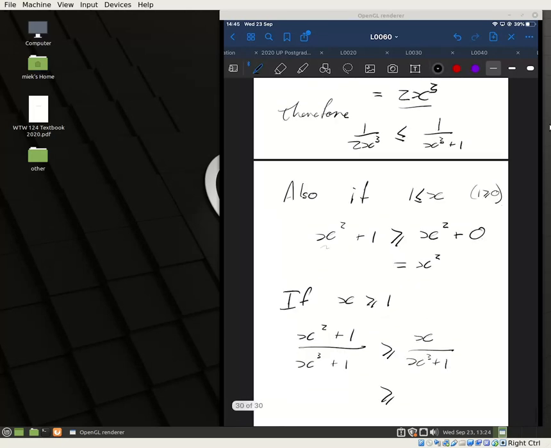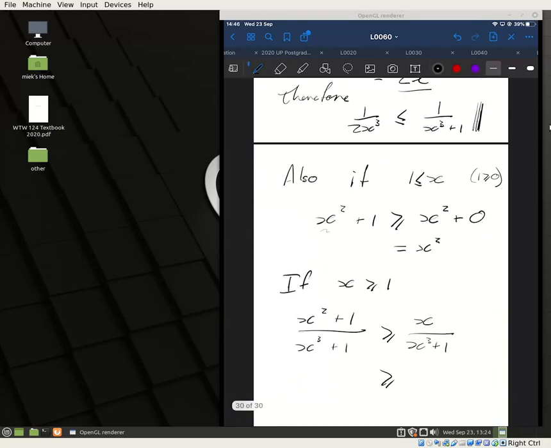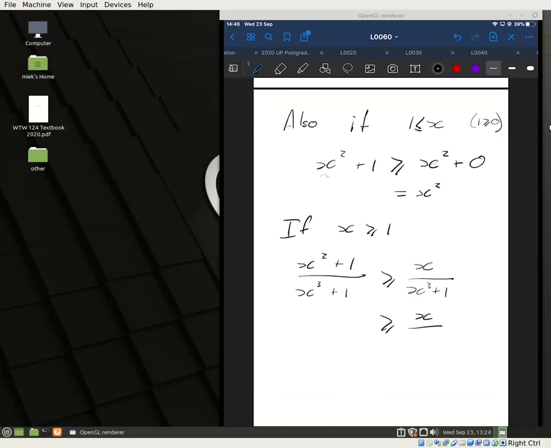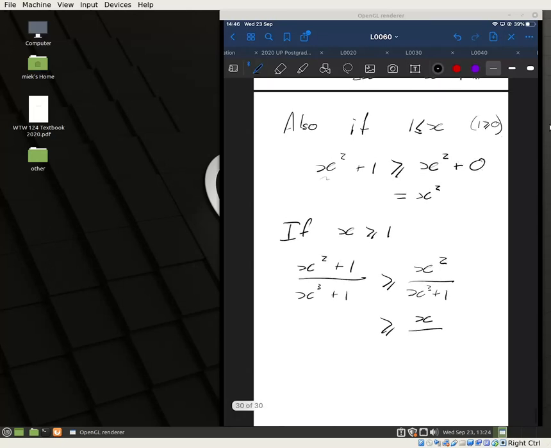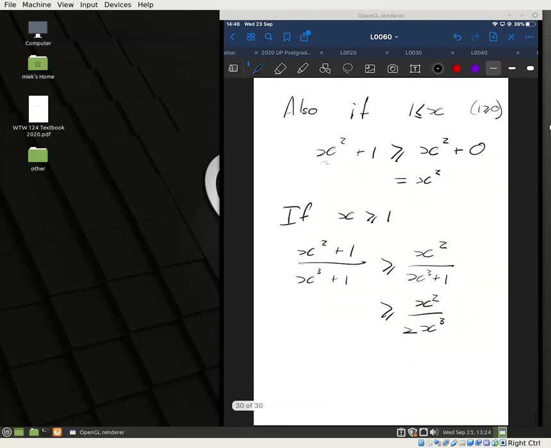But we have seen that x cubed plus 1 is less than or equal to 2x cubed, so this is bigger than x squared over 2x cubed. Whoops, I missed a square there. And this is one half times 1 over x. So now we see this expression is bigger than that expression.